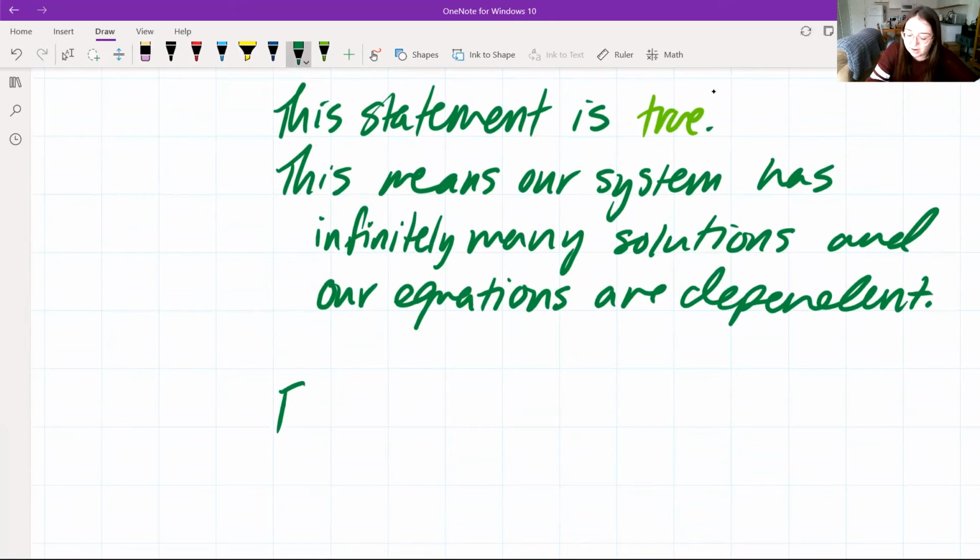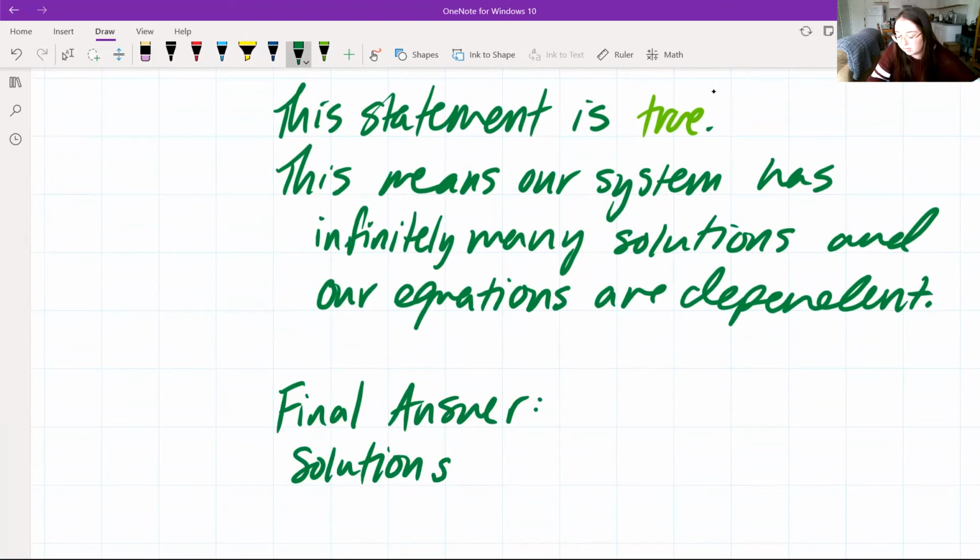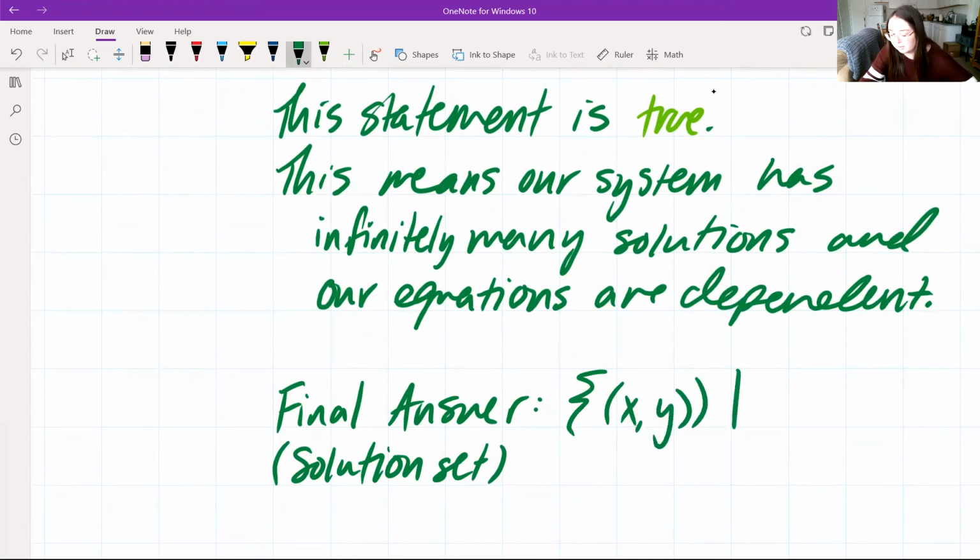So we have to write our final answer just as we had before in our last section. We write our final answer or our solution set in set builder notation, which we state that any point x, y can be plugged into any equation.